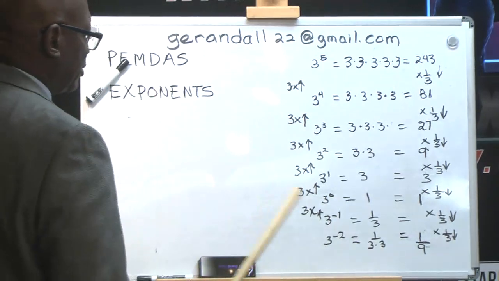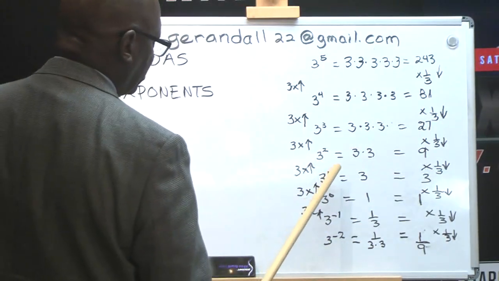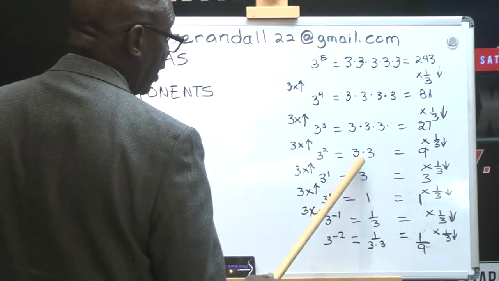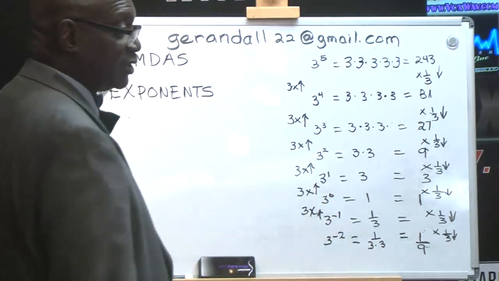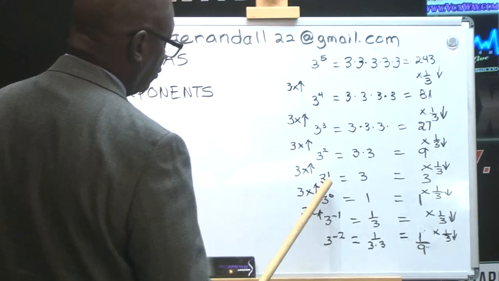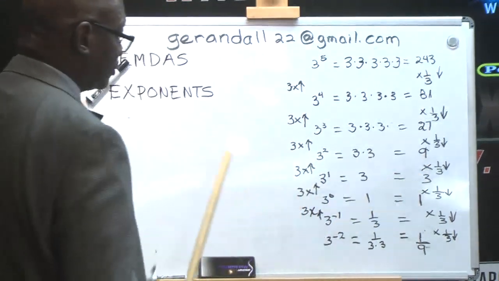So a pattern is working out here as we decrease, as we talk about the next step, which is 3 squared. 1/3 of 27 is 9. And if we go to 3 to the 1st power, 1/3 of 9 is 3.